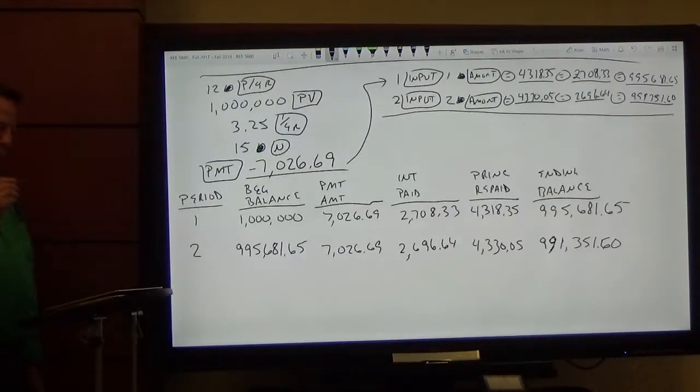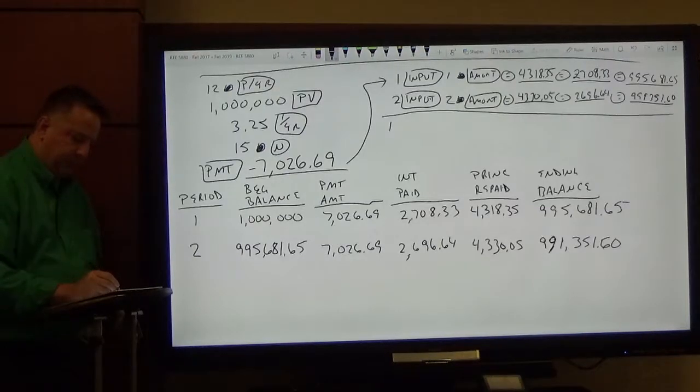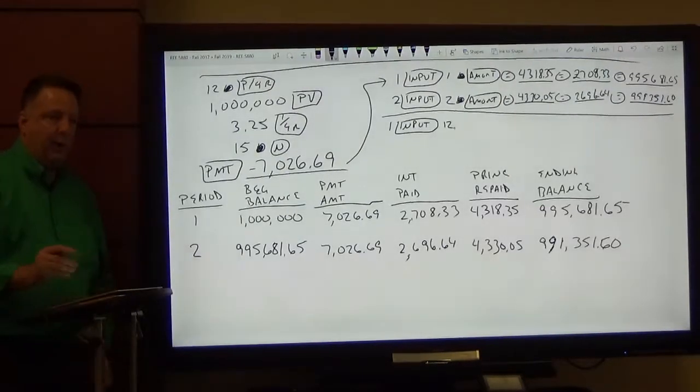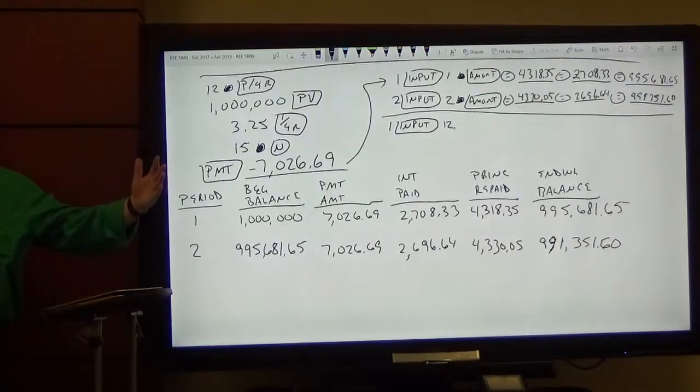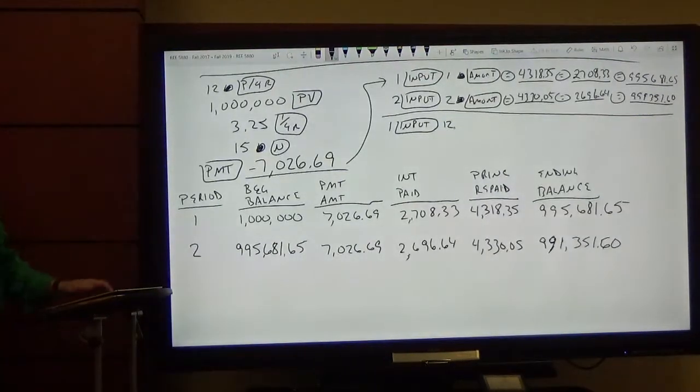Okay, now, let's just say that we want to know how much interest we paid in the first year of this loan. We'll see if your brain is functioning. What would we do? 1 through 12. Excellent. 1, input 12. Why 12? First 12 months, first year.